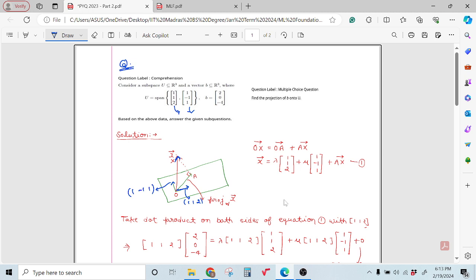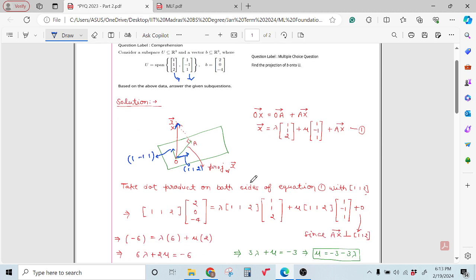So this is equation 1, and now we will take the dot product on both sides of equation 1 with 1 1 2. Vector x is nothing but your vector b, 2 0 minus 4. So I write it down, 2 0 minus 4, and take the dot product with 1 1 2 on both sides of equation 1.